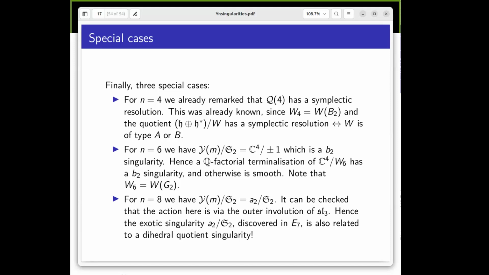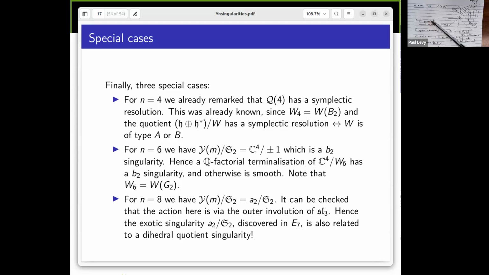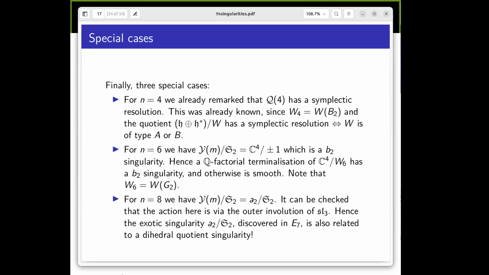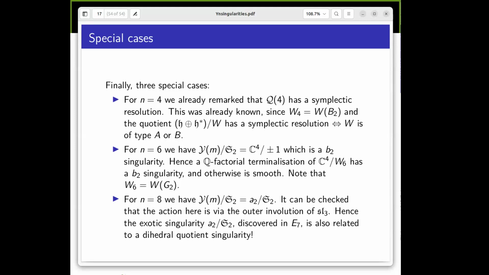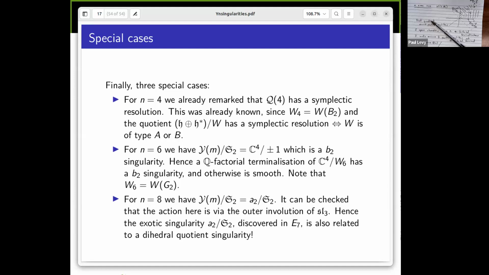But if you want it to still be Q-factorial terminal, then obviously you can't have any symplectic reflections. So you're thinking of something containing S2 and contained in the cyclic group that you were looking at before. I guess you know what all of the symplectic automorphisms of this Y of m are. They have to be contained in SL2, right?